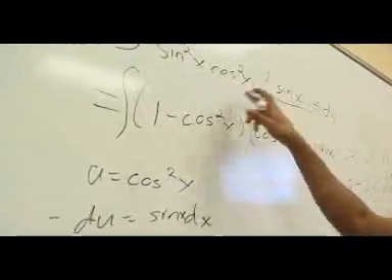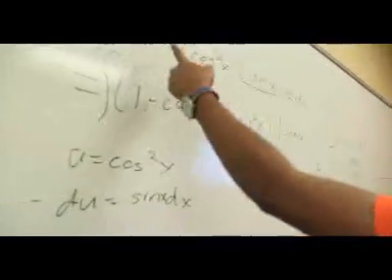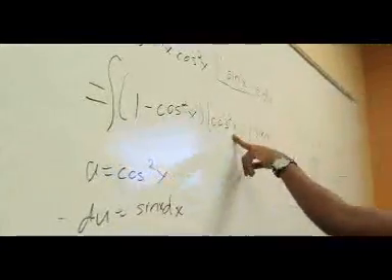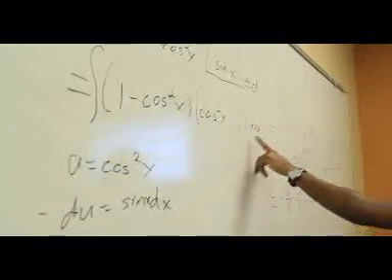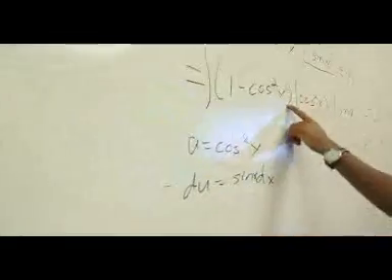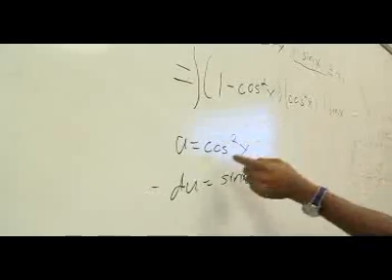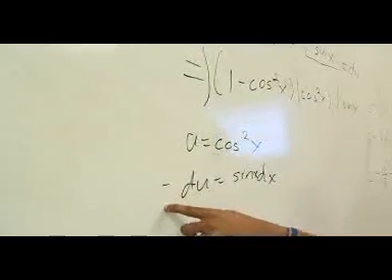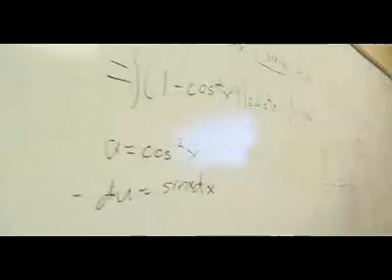So we have sine squared x, cosine cubed x. When we solve for this, that's 1 minus cosine squared x, and our dx is over here. Our inside function is cosine x, so we make this our u. Our du will be negative sine x dx.